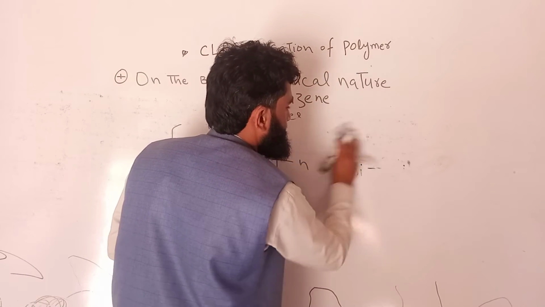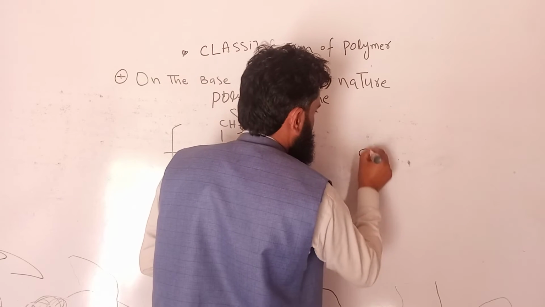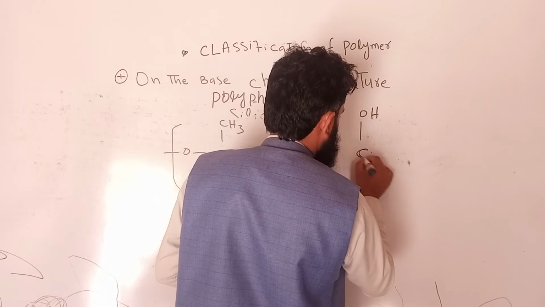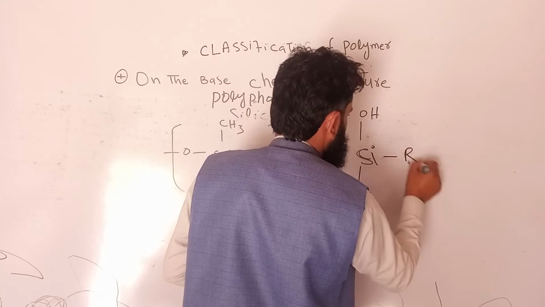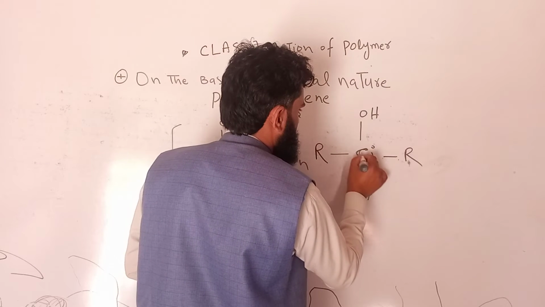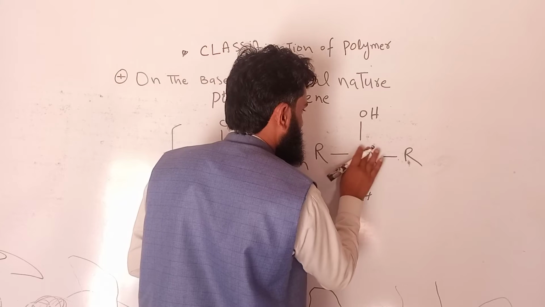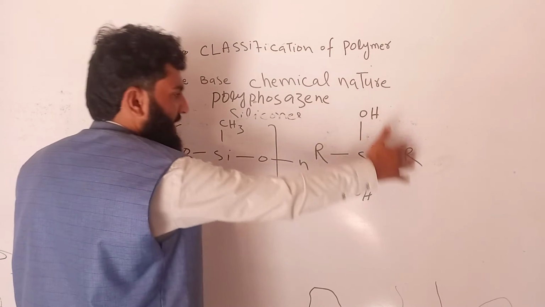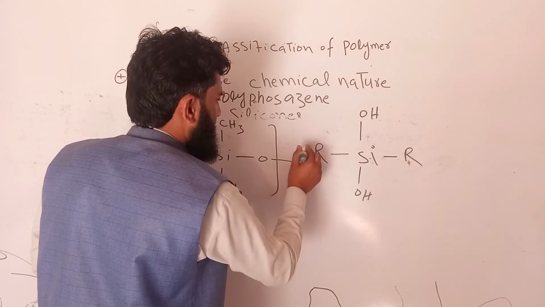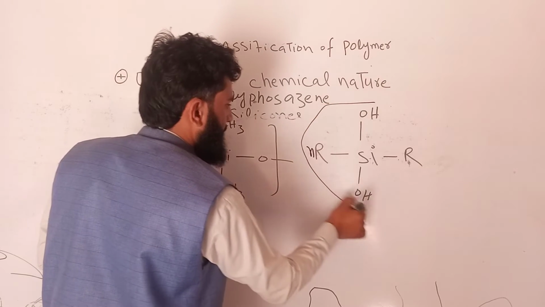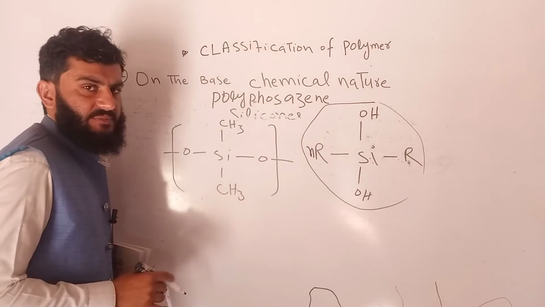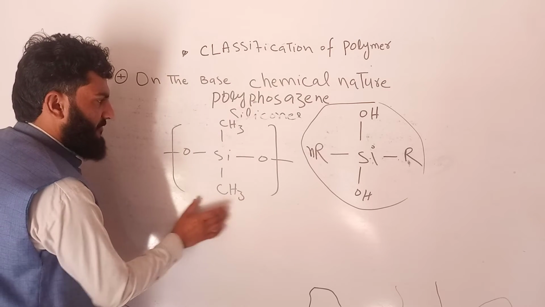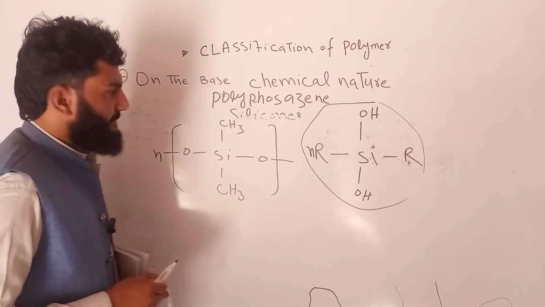For example, silicon with OH, R and R, in this form. When n units combine, they form a long chain in which such units are repeated.